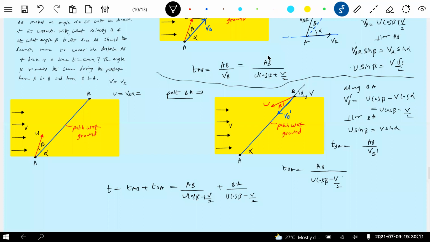Somebody should give me the value, final answer. Eight meters per second is what I have as speed. U is 8 meters per second. Check it. The beta, you have to verify. I don't have the answer. Approximately 12 degrees, I do remember.